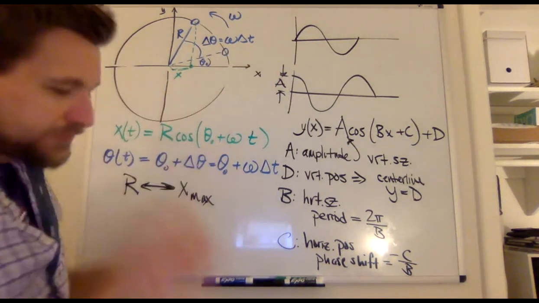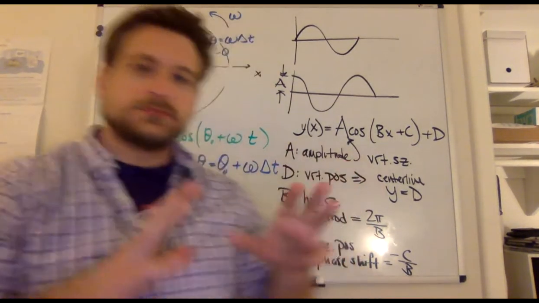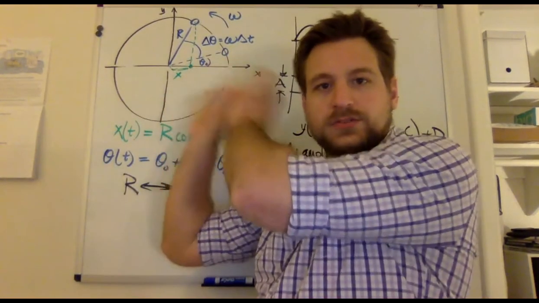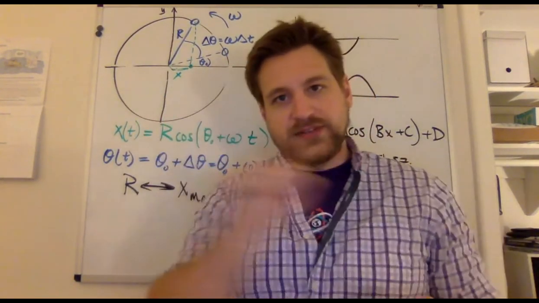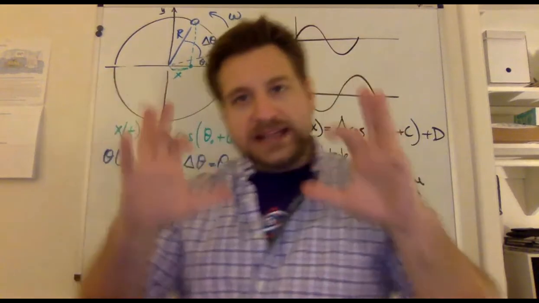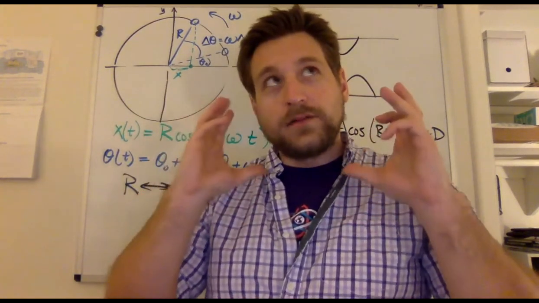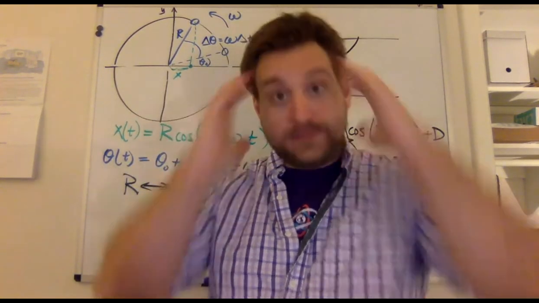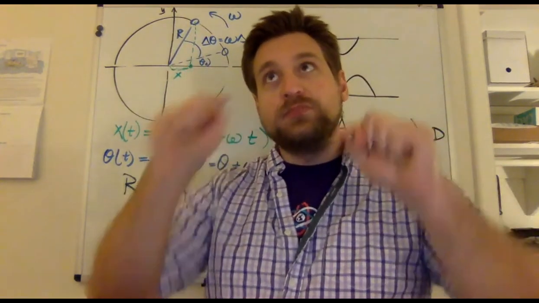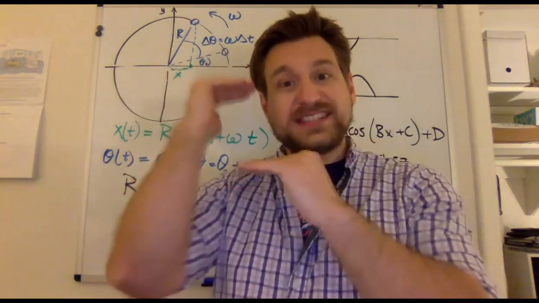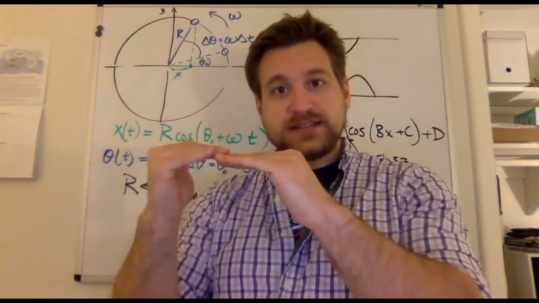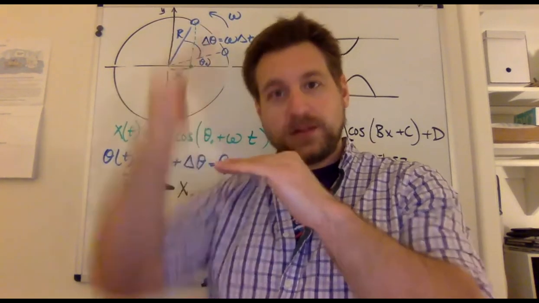So in order for our model, our Platonic circle, to work as a model for oscillation, the radius of the circular motion that we imagine has to be equal to the amplitude, the size of the oscillation from equilibrium up and down.